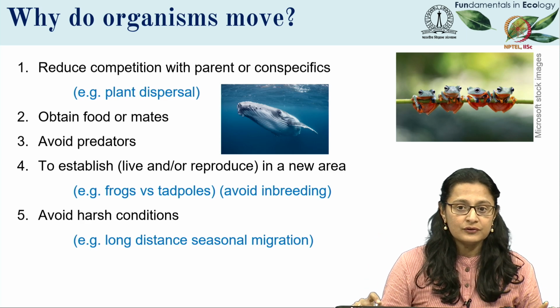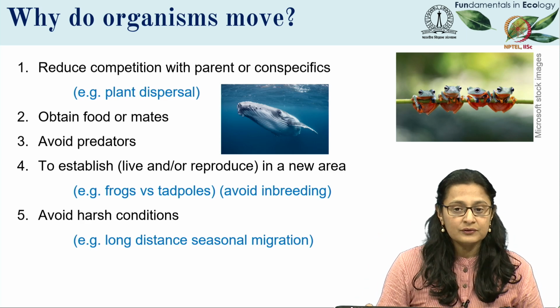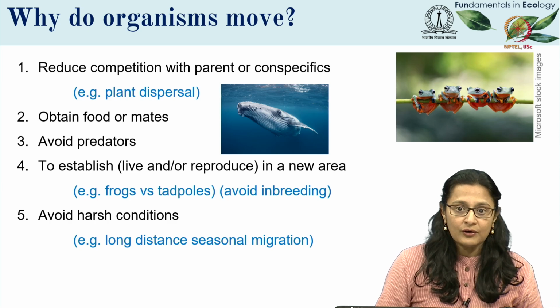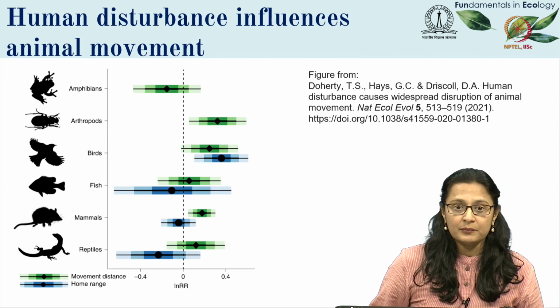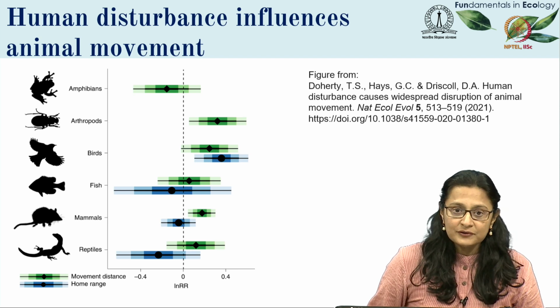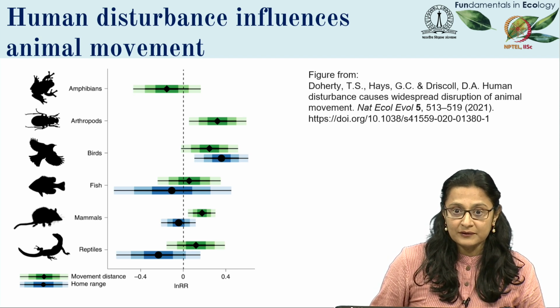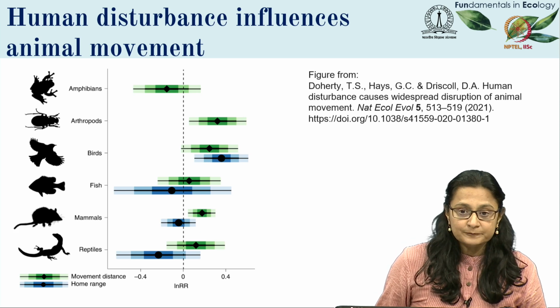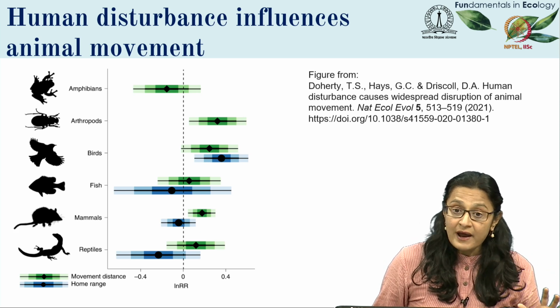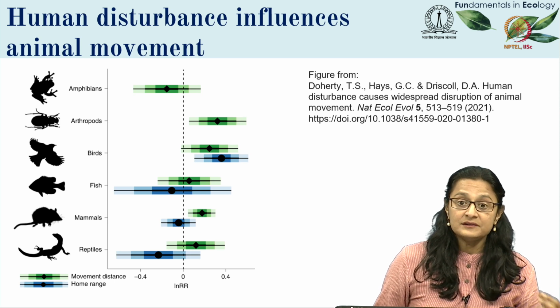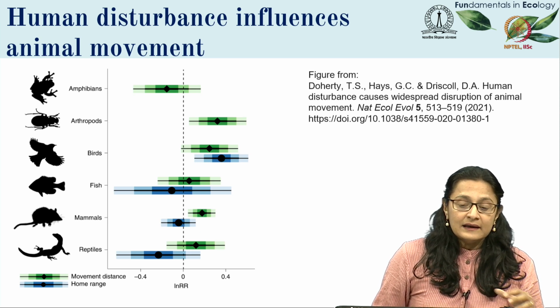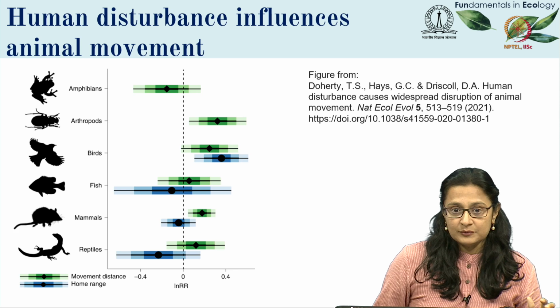And later in the course, you'll hear about climate change and you'll hear about anthropogenic pressures on animal movement. And I want to give you an example from a recent paper that has just demonstrated that human disturbances influence animal movements. In this paper, the authors tracked animals, or pulled data from studies that tracked animals, in areas with and without disturbance.